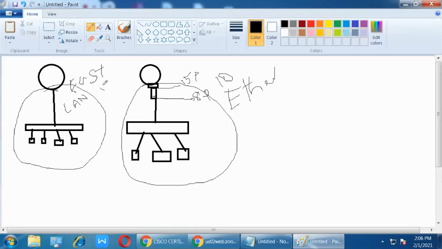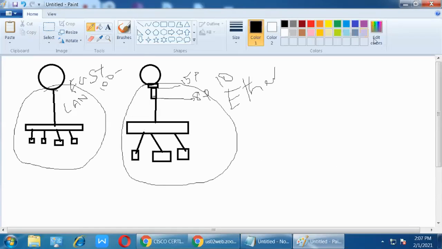The speed is 100 Mbps to 1 gigabit per second. This is fast Ethernet, and this is Ethernet, 10 Mbps. Okay, clear. That is the difference. So this we discussed.